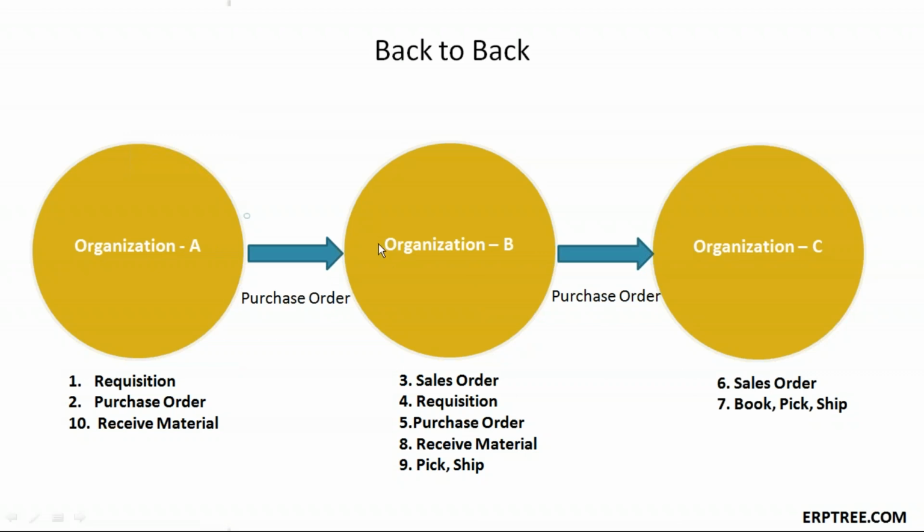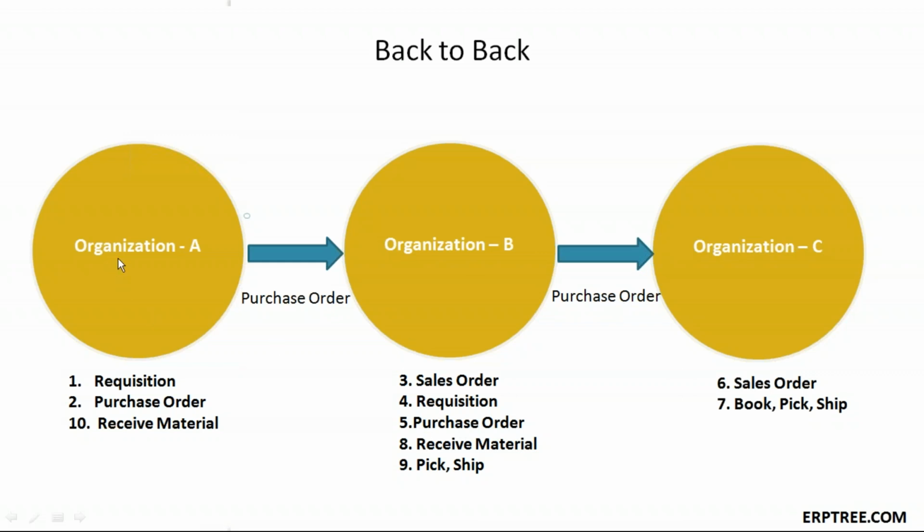So whenever they get the order from their customer, they have to raise the requisition internally within organization B. They raise the requisition and they place the purchase order to their supplier.